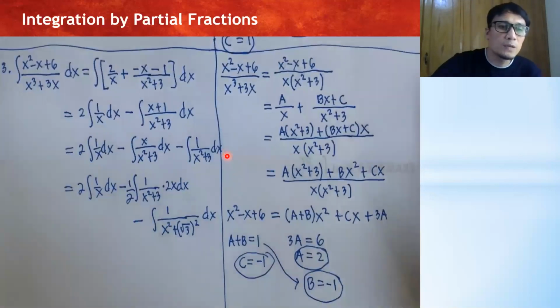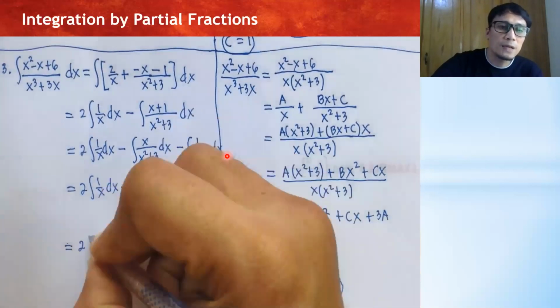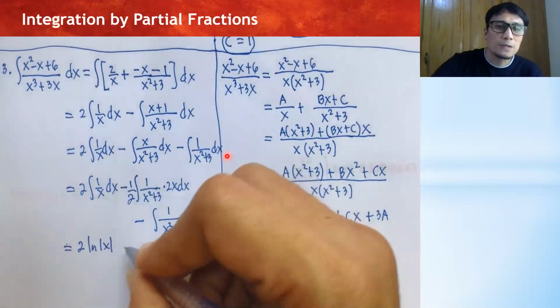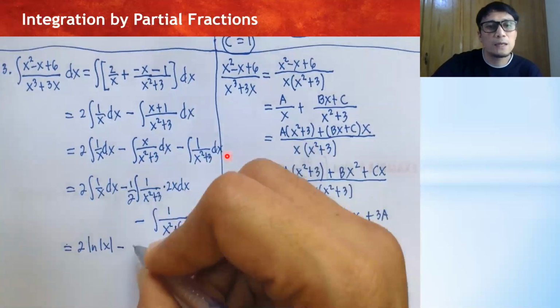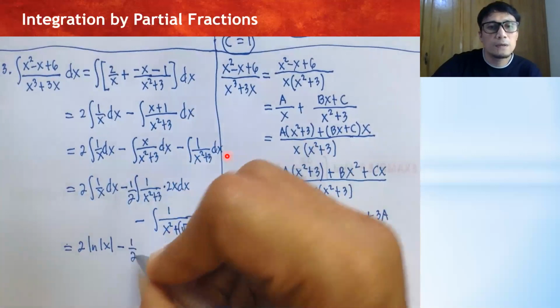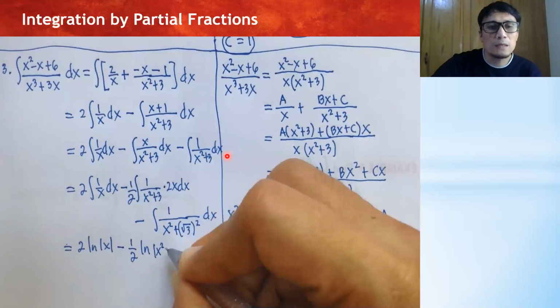Okay, so we can now evaluate the integral. This is 2 ln of absolute value of x minus 1/2. So the conditions are satisfied. You have 1/2 ln of absolute value of x squared plus 3.